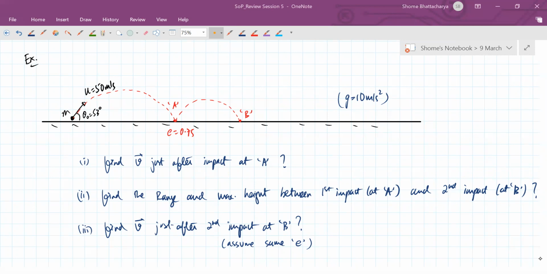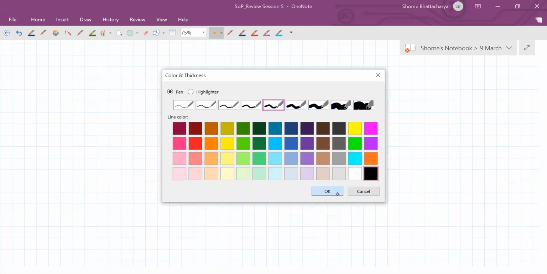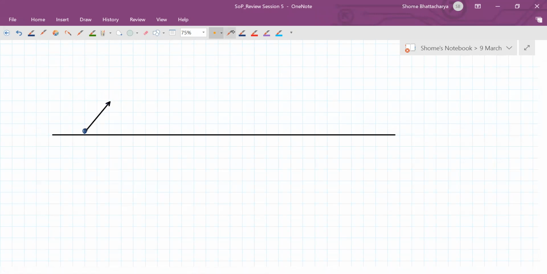Okay, so let's understand this question in detail. If we take the components of the initial velocity, the initial velocity being 50 meters per second and this being 53 degrees, we will see that the horizontal component of the initial velocity is 30 meters per second and the vertical component is 40 meters per second.